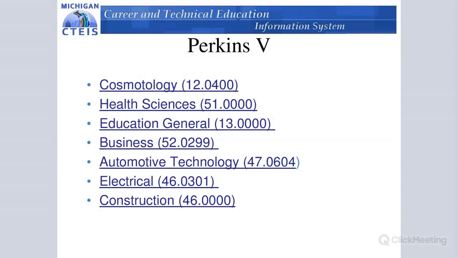All of the rest of the SIP codes will remain on segments. However, every year, 7 to 10 or more are going to migrate into Perkins 5. So within 3, 4, 5 years, we will have migrated all the way over to Perkins 5. But this year, it's only these 7.